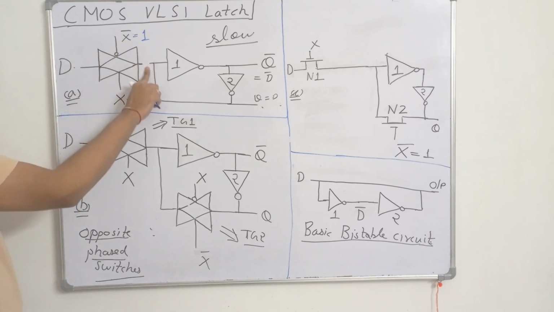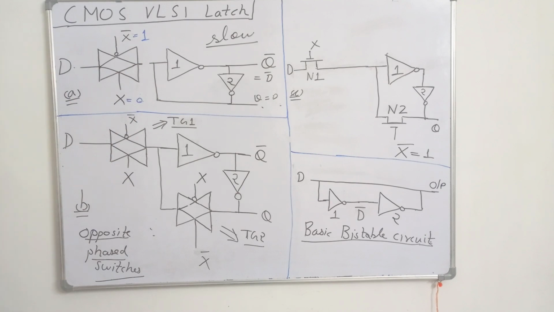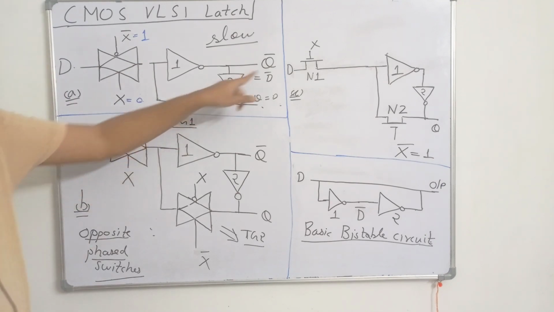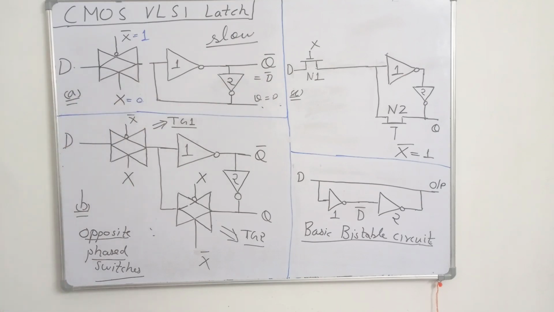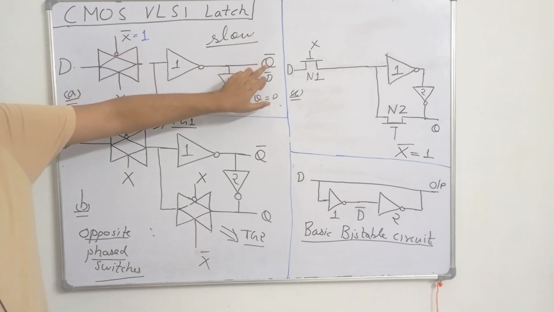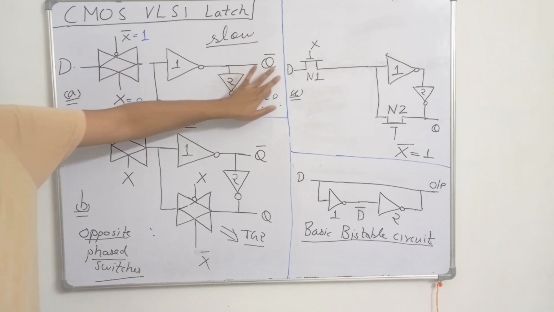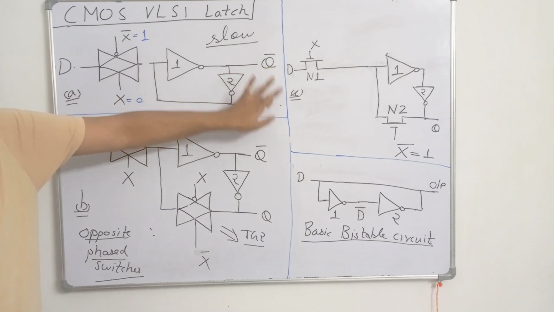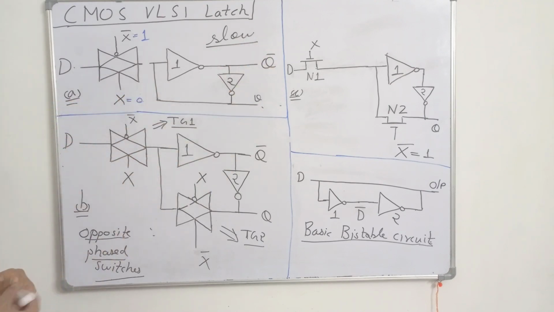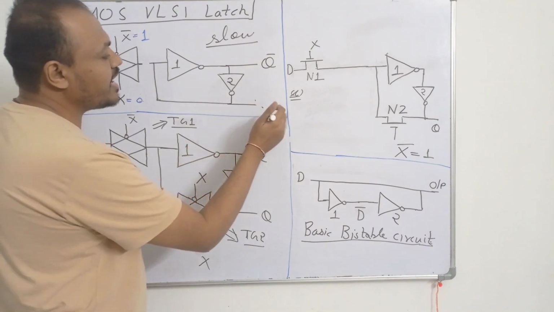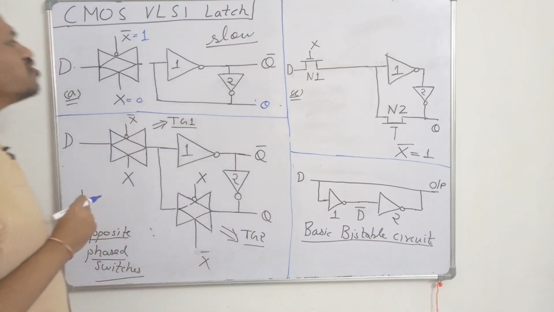So this D input will be cut off from the circuit, and the circuit will maintain the output. In this case, there is no input here, so Q bar will maintain itself, and Q will also maintain itself. Here the output is Q and here the output is Q bar.